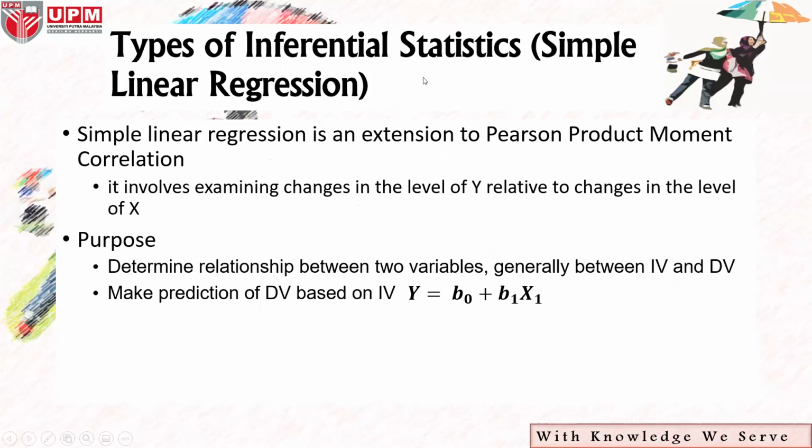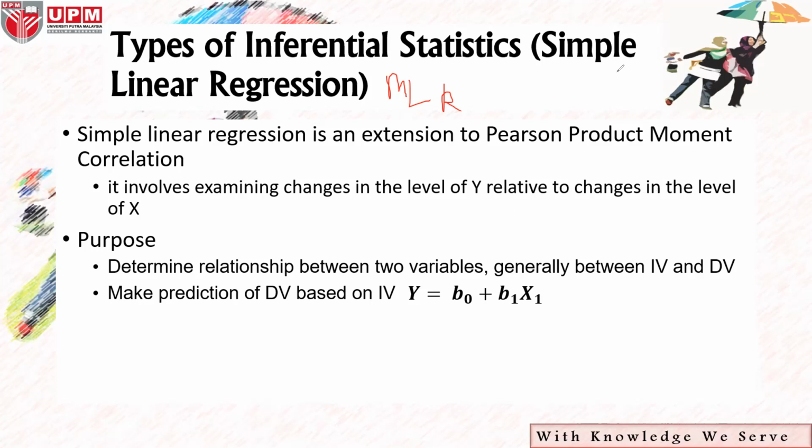So when it is called an extension to Pearson product moment correlation, it means that if you want to use simple linear regression or multiple linear regression, your data must fulfill the requirement of normality. Meaning that your data must be in interval or ratio scale of measurement and it must fulfill the requirement of normality. It involves examining changes in the level of Y relative to changes in the level of X.